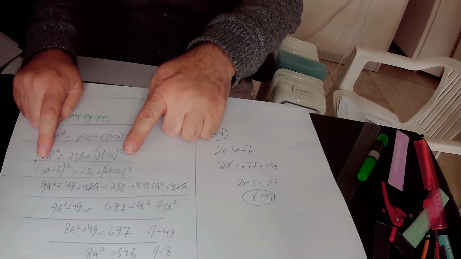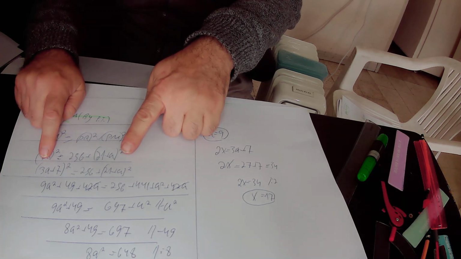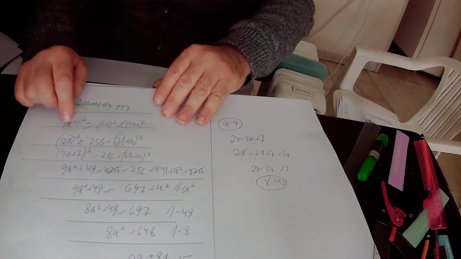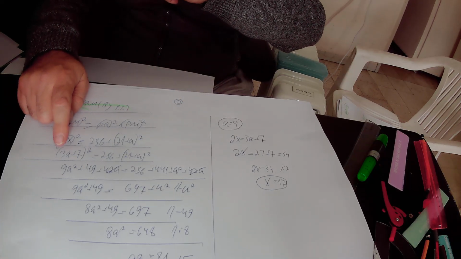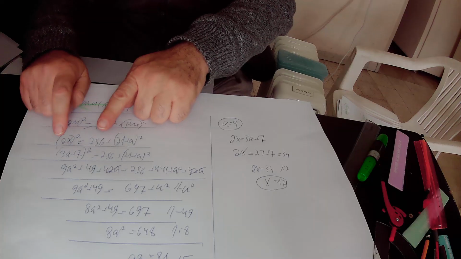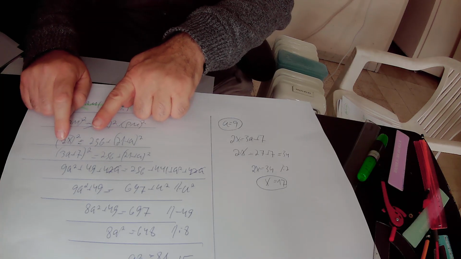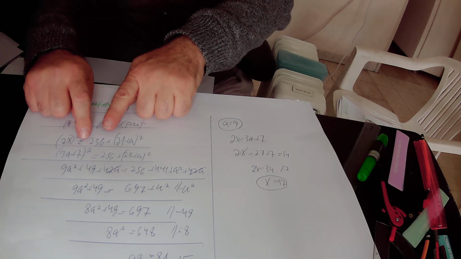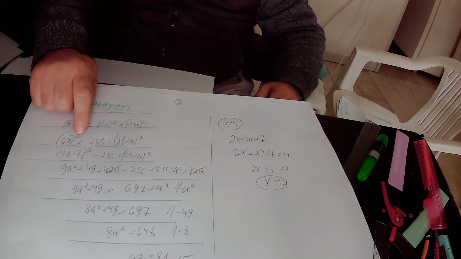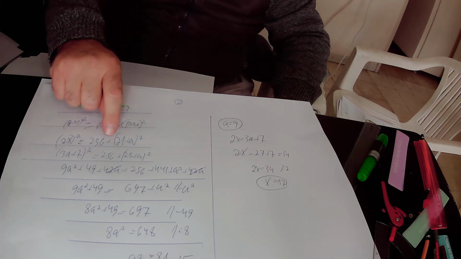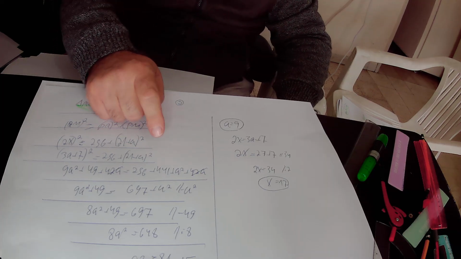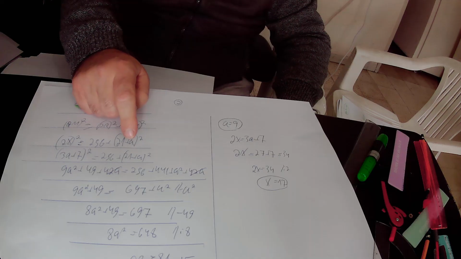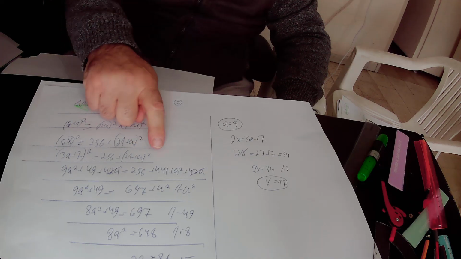Here we open the brackets on both sides of this equation. We find that 3a plus 7 squared equals 3a squared, that is 9a squared, plus 7 squared, that is 49, plus 2 times 3a, that is 6a, 6a times 7 is 42a. On the other side of the equation, we have 256 plus 21 plus a squared. 21 plus a squared equals 21 squared, that is 441, plus a squared plus 2 times 21, that is 42 times a.